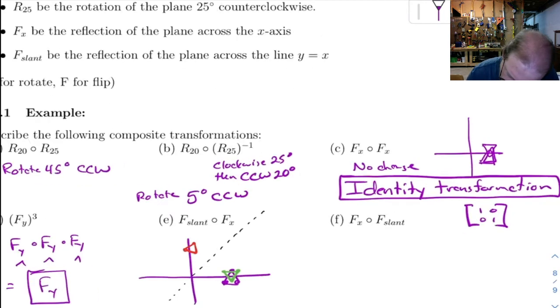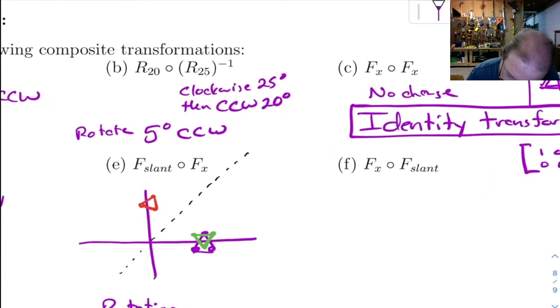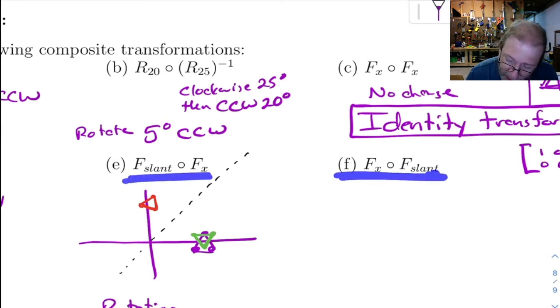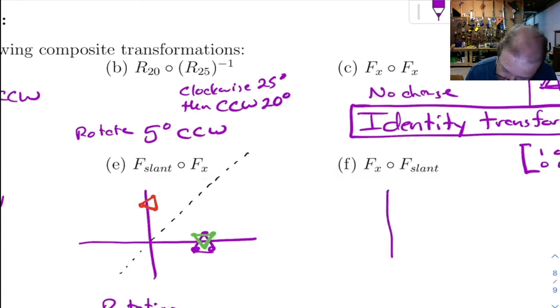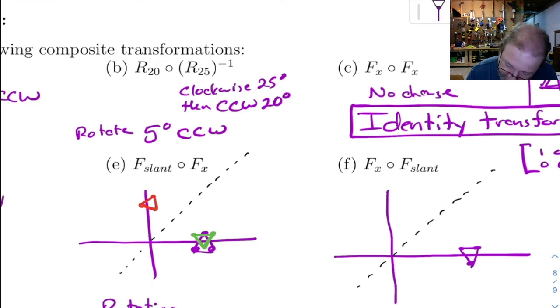Let's look at this one over here now. Notice it's the same two things as here, but they're done in the opposite order. So again, let's take this little triangle that I drew. I started out with the triangle down here. We're going to flip it across the slant, the line y equals x.